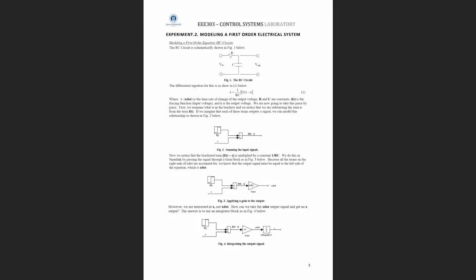R and C are constant. f(t) is the forcing function, which is your input voltage, and X is the output voltage. Right? We are not going to take this one by one.